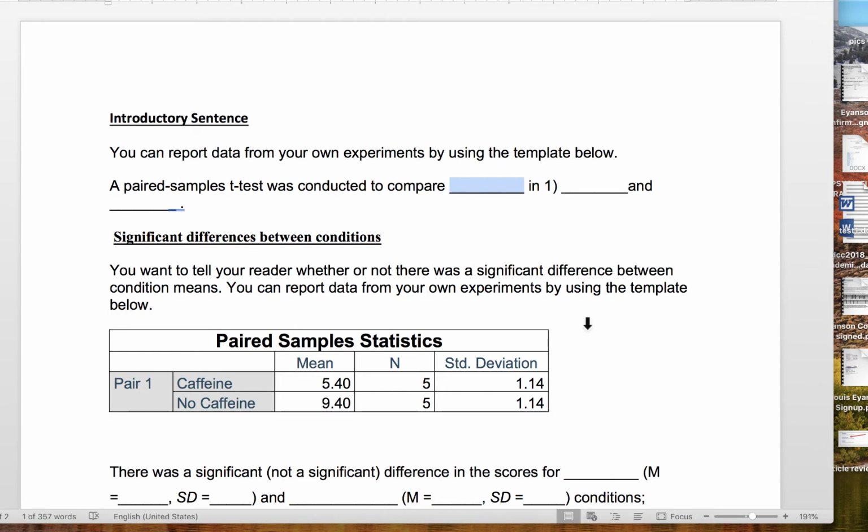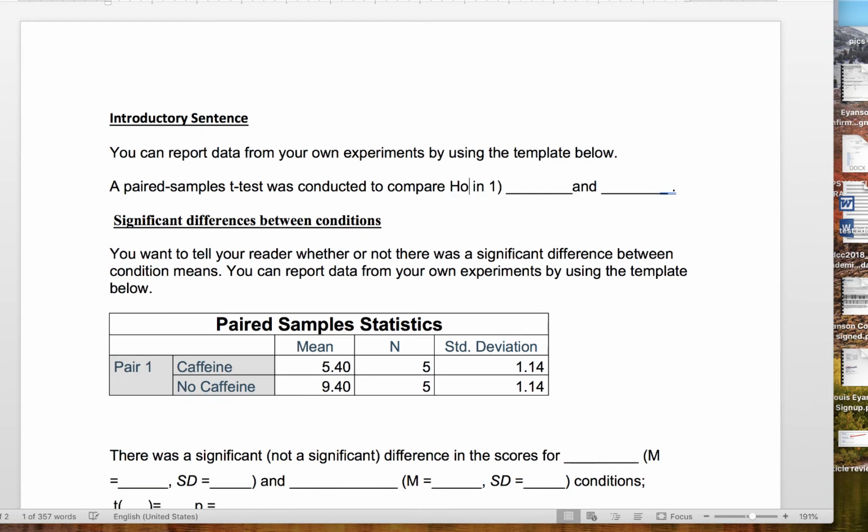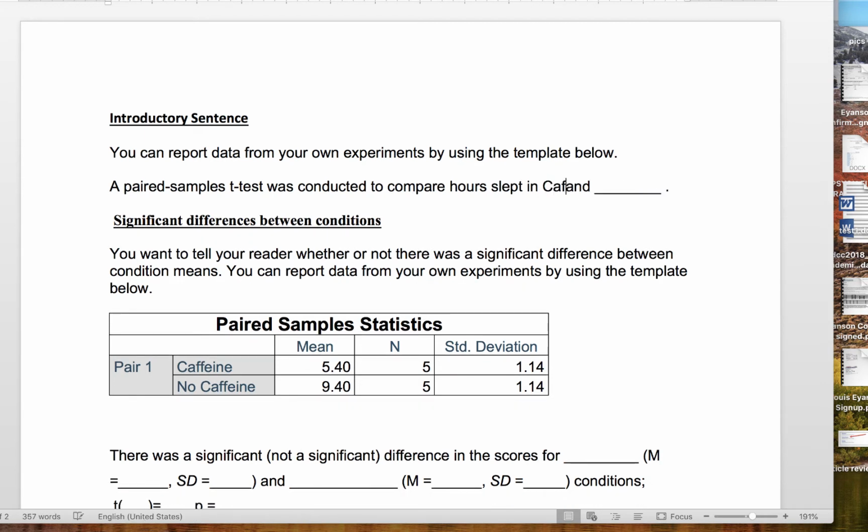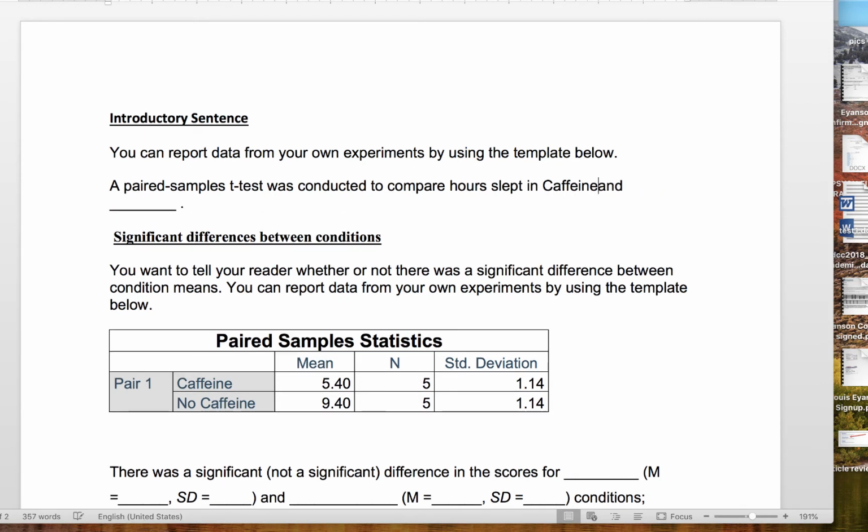And then we're going to take out the 1 because that's our first variable, which you can see right there in the box. Caffeine. And no caffeine. Okay. There's our first sentence.